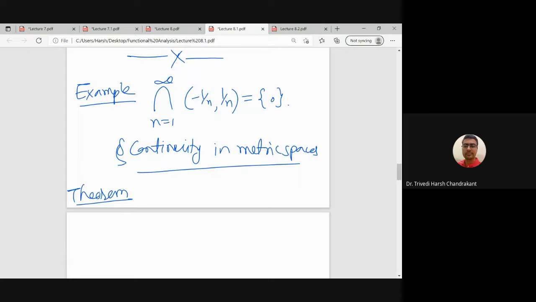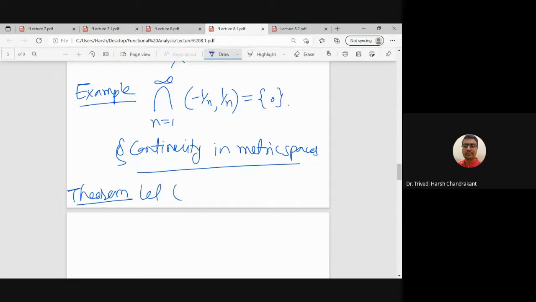But in metric spaces there is a special benefit that everything we can define in terms of sequences. We can define closed sets in terms of sequences, the closure in terms of sequences, compactness in terms of sequences, and we can also define continuity in terms of sequences.